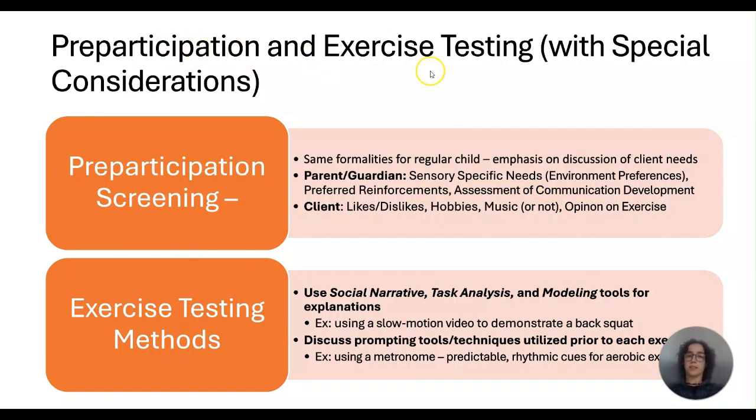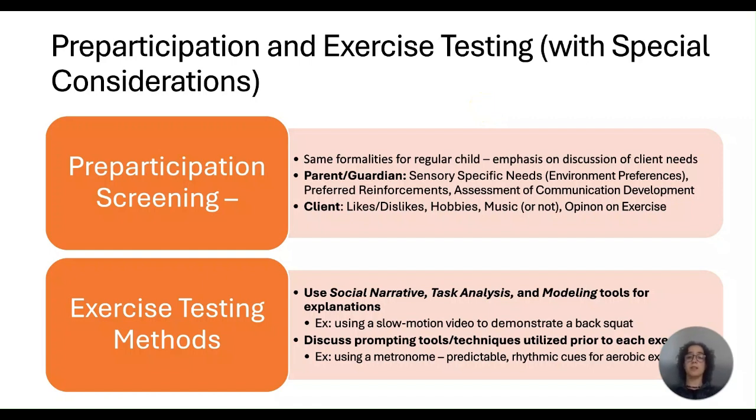Pre-participation and exercise testing. Some of the special considerations to be made when going through the pre-participation screening is that there needs to be an emphasis on discussion of client needs. The formalities are typically the same as it would be for a neurotypical child, but in terms of gaining pertinent information from the parent or guardian about sensory-specific needs and environment preferences.